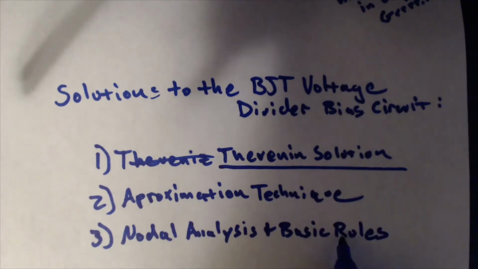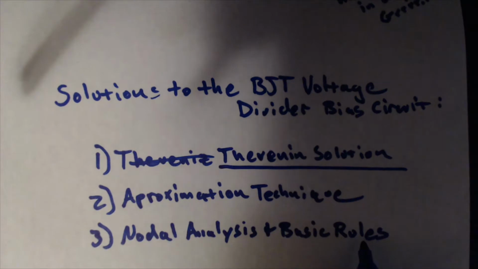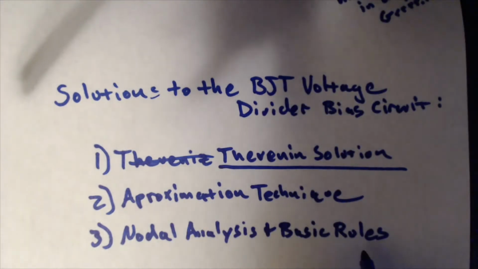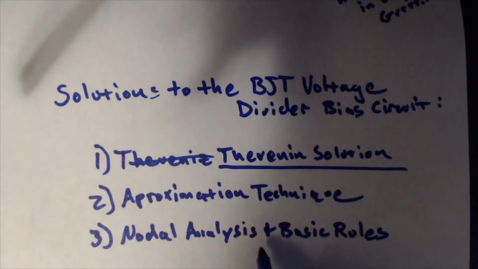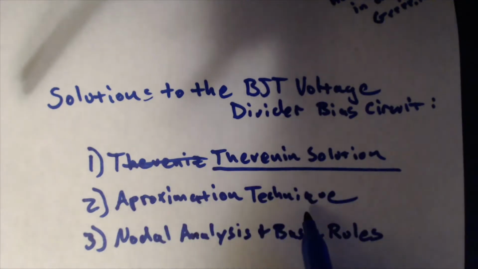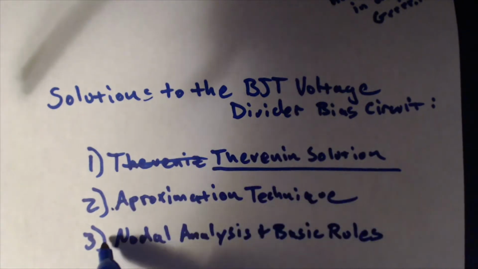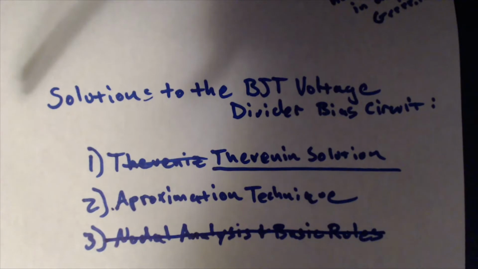The nodal analysis and basic rules technique to solve the voltage divider bias is not terribly difficult, but it is a little more lengthy. I find that the Thevenin solution works pretty well, and the approximation technique is incredibly easy. So we're going to learn these two, and I'm not even going to worry about this one.